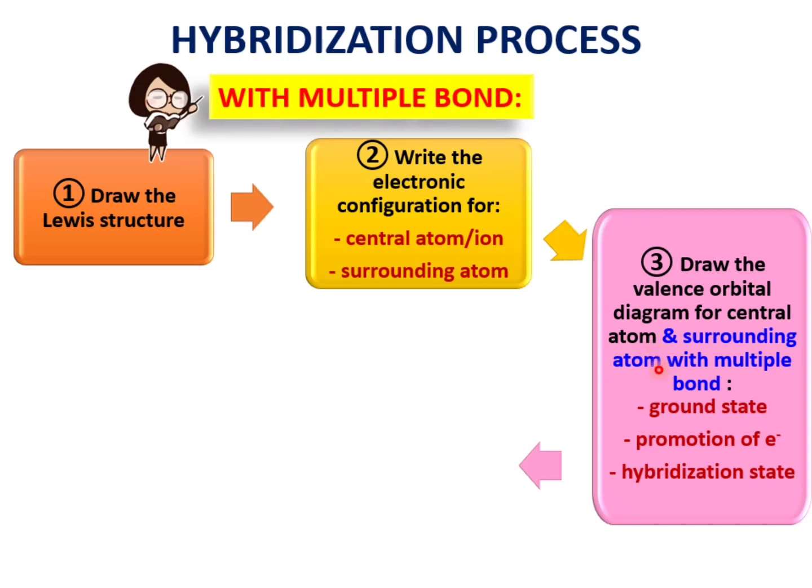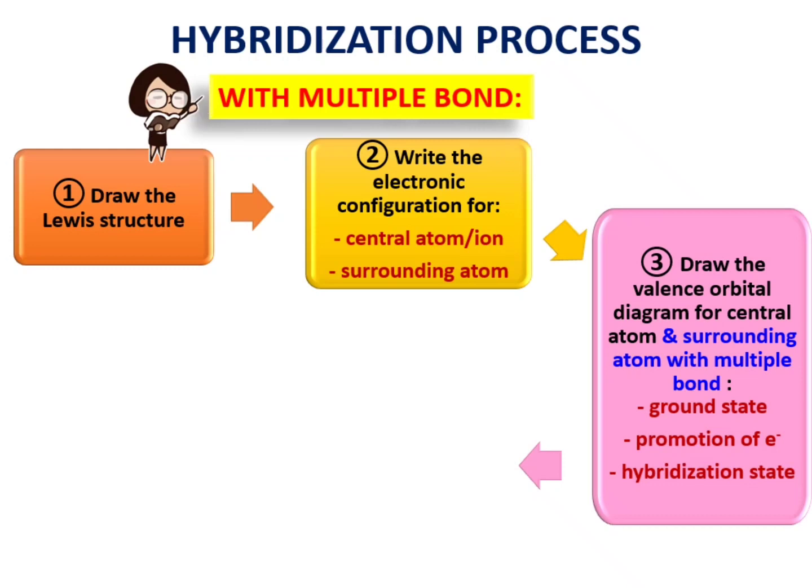But now, you need to write the valence orbital diagram for the surrounding atom with multiple bond with central atom. Okay. So, surrounding atom that does not make a double or triple bond with central atom, you don't need to focus anymore. You have to focus on the surrounding atom that makes a double or triple bond with central atom.